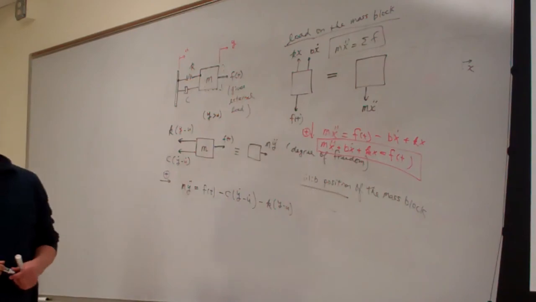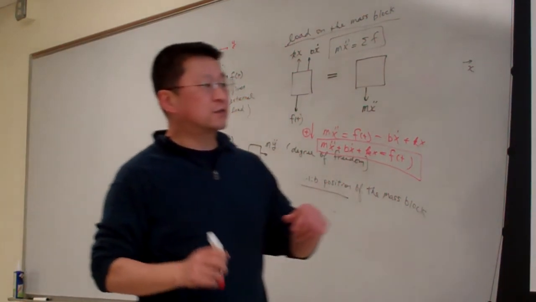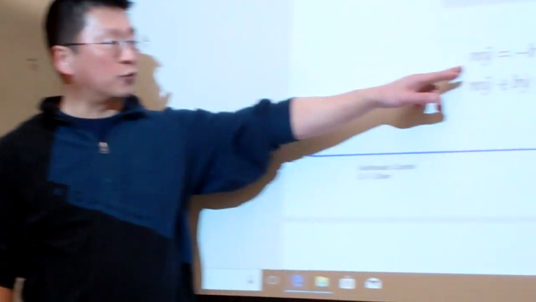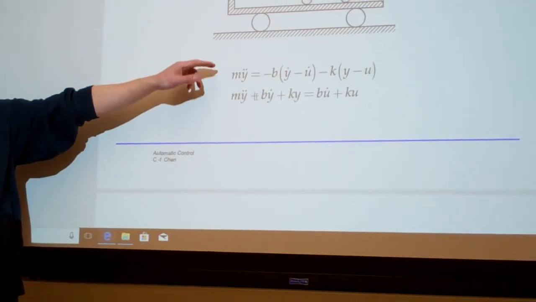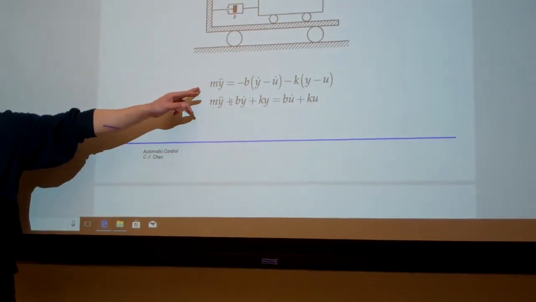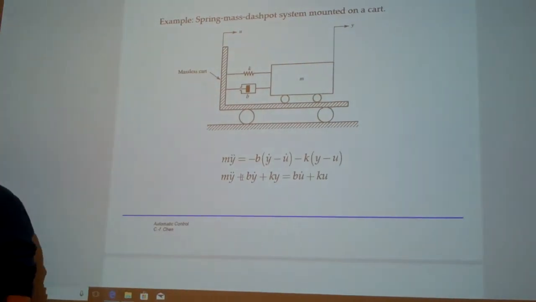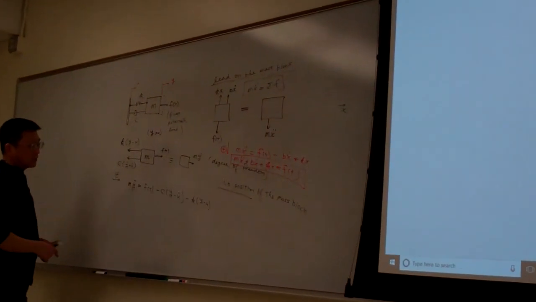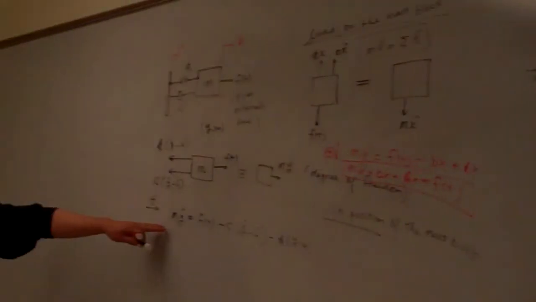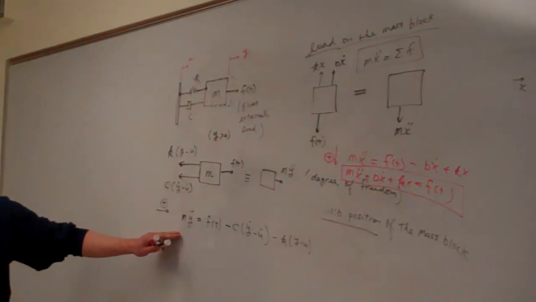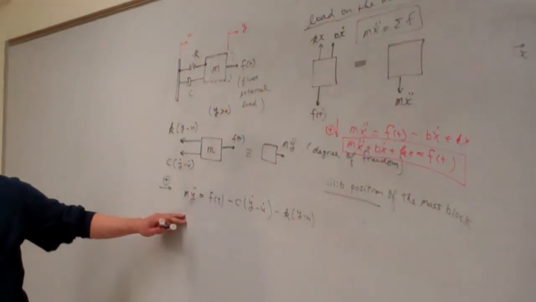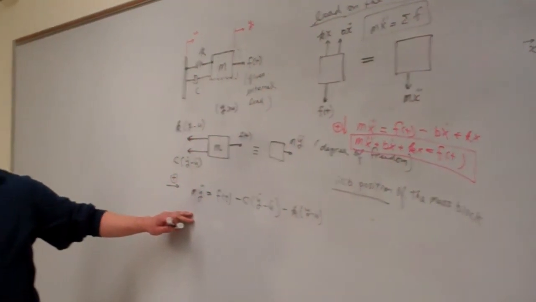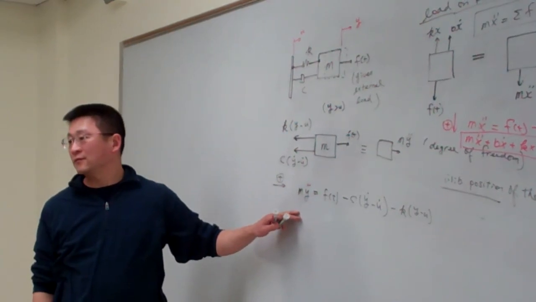Okay, so under these situations, that is the equation we have here. For this example, we don't have an external force, but here I added 1 over f of t. So if you like, you can further rearrange the terms, but let me stop this exercise here. Are we good? Okay.